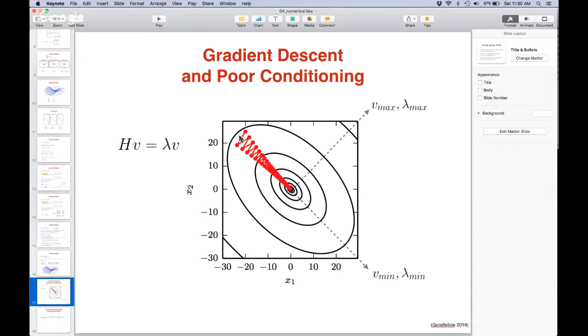And in your gradient descent algorithm, if you start at a random point like in here, the gradient of the loss function will point you in this direction.